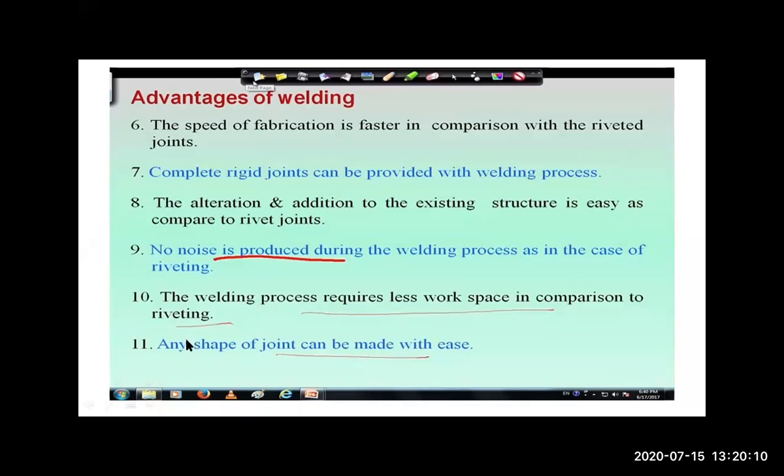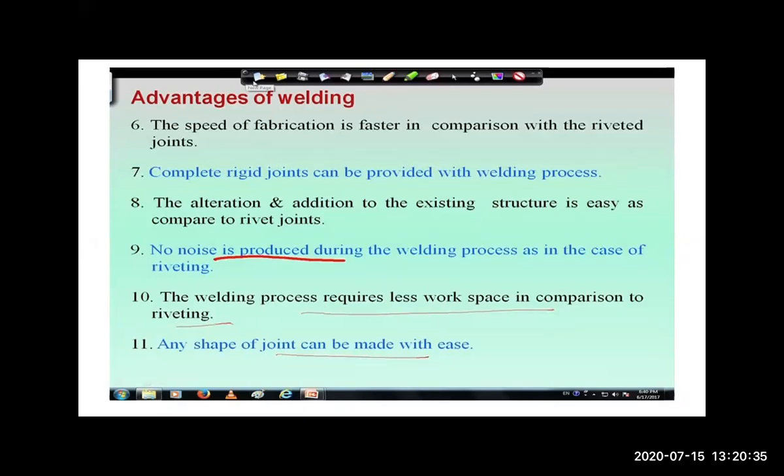Then number 11, any shape of joint can be made with it. The meaning of this point number 11 is that any type or any shape we can provide by welding. Are you getting? So these are some advantages of welding.